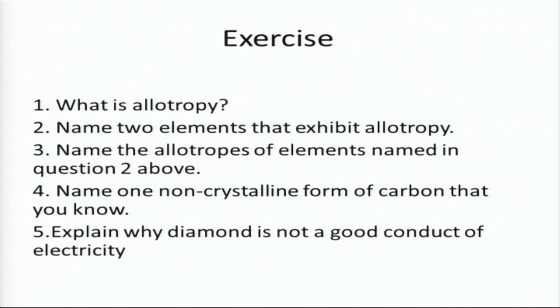And then we talked of the non-crystalline form, those which are shapeless, those which are amorphous. We named them, so you have to remind yourself. Only one among the many we have talked about. You name one non-crystalline form of carbon that you know, those which are amorphous carbons.